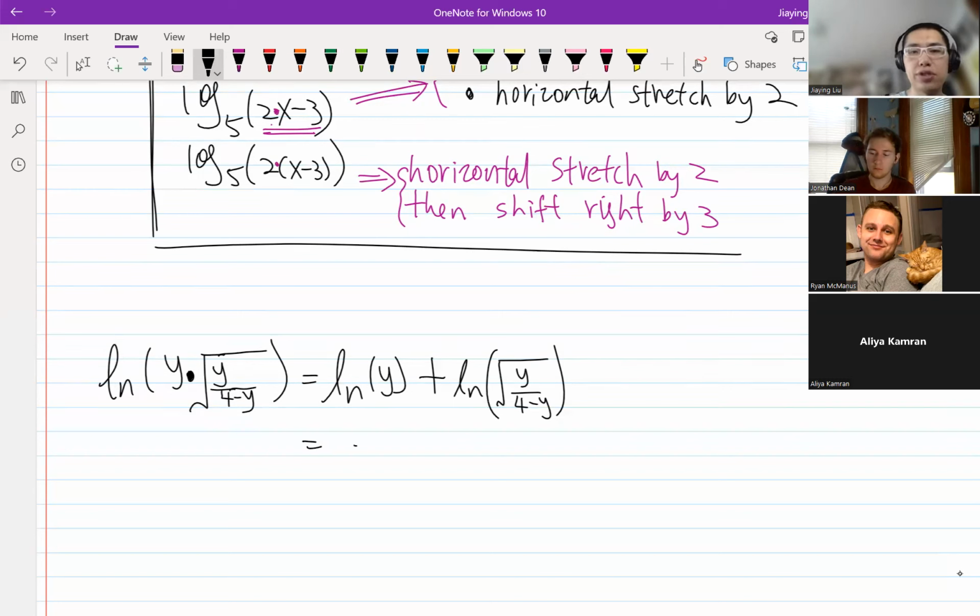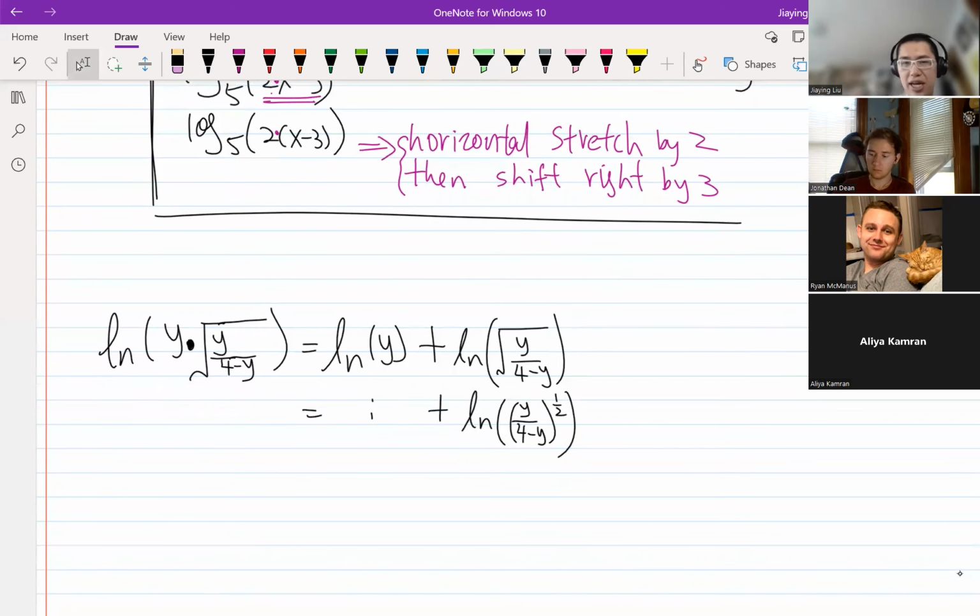So I'm going to leave the first term, and the second term I'm going to rewrite as natural log of y over 4 minus y to the half, all inside the natural log. The good thing about an exponent of half is that we can put the exponent in front of the log, using the exponent property of logs.